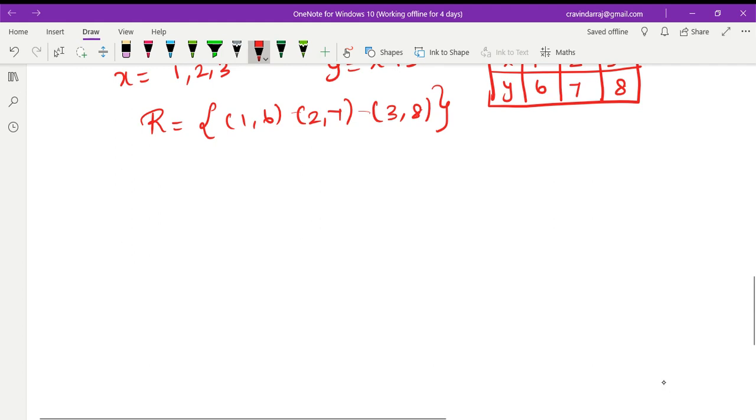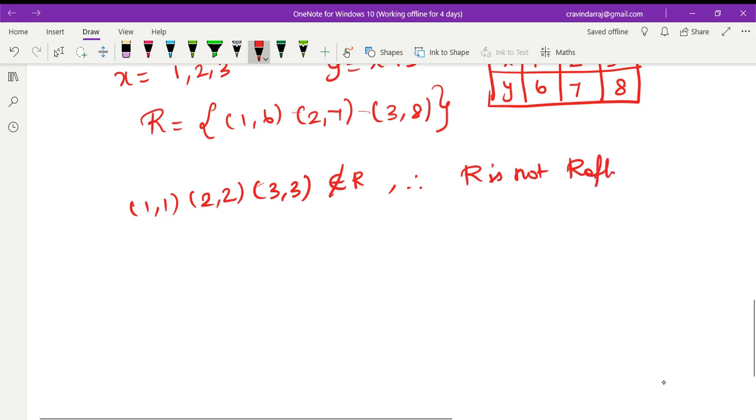Here we can take the pairs (1, 1) or (2, 2); they are not in the relation, therefore R is not reflexive.